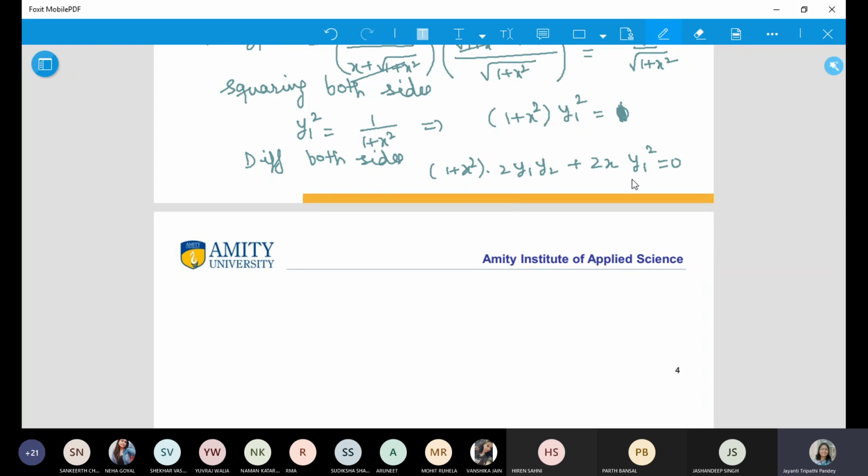Now we can divide it by 2 y1. Why can we divide it by 2 y1? Because we know that y1 is not 0. Because if y1 is 0, then y2 will definitely be 0. There is no point. So differentiating and then dividing by y1, you will get 1 plus x square y2 plus x y1 equals to 0, and that proves the first part of the question.